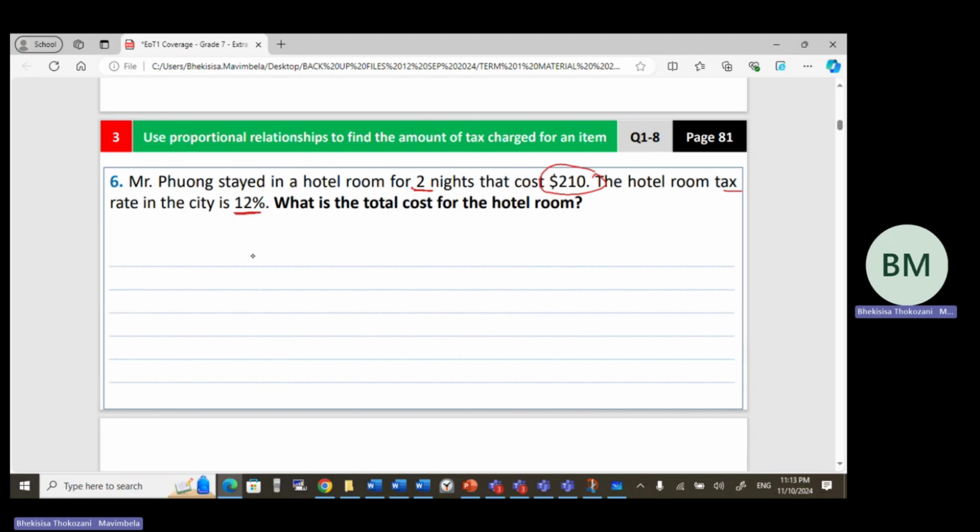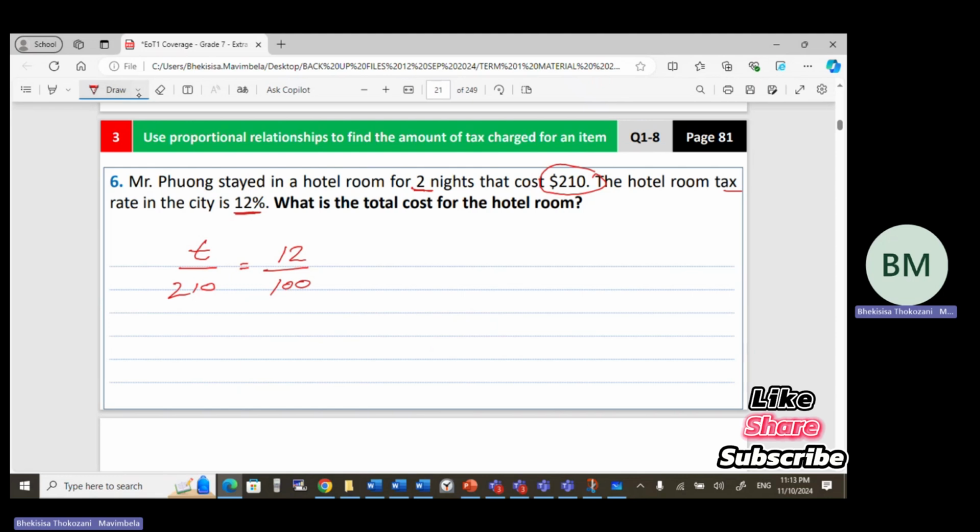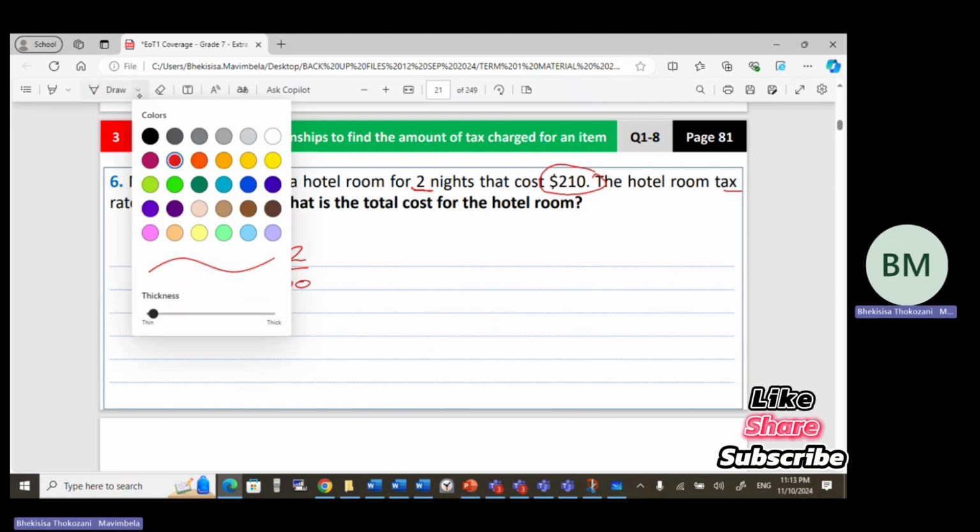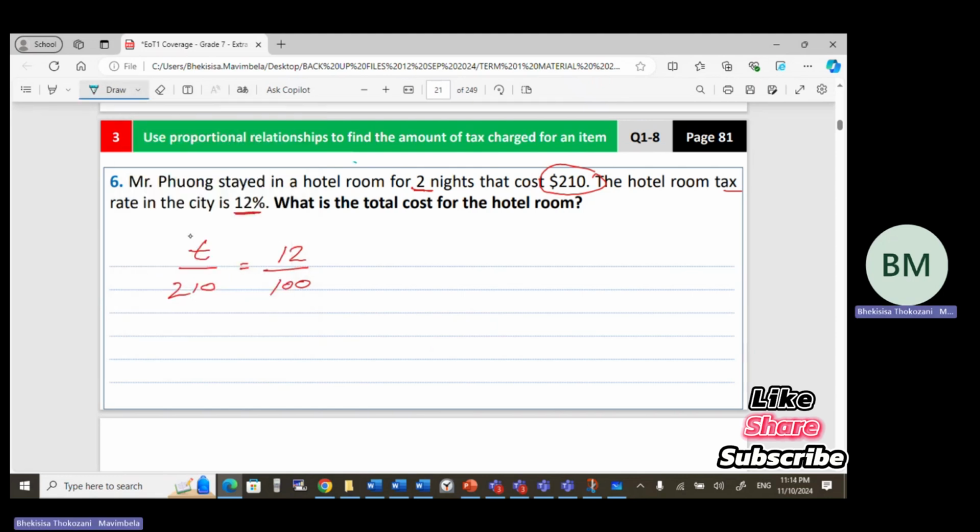So you can see how we can do this. Again, we'll have my t over 210. How many percent? It's 12 over 100. Then I cross multiply as usual. I think you know the drill now. So I cross multiply those two.